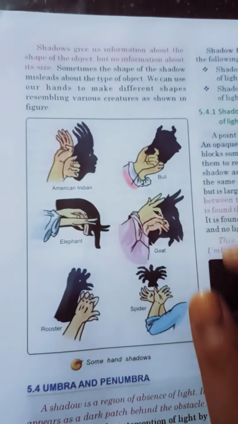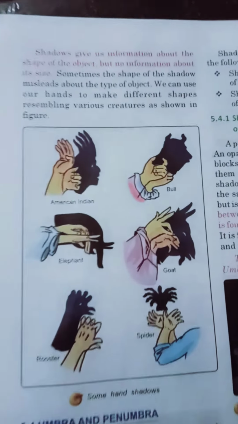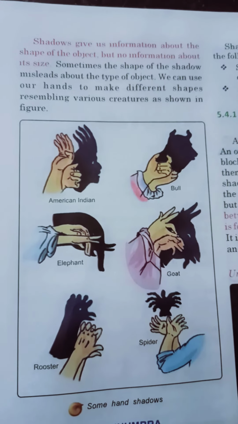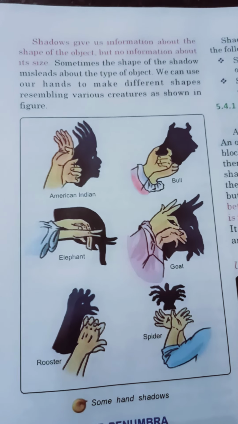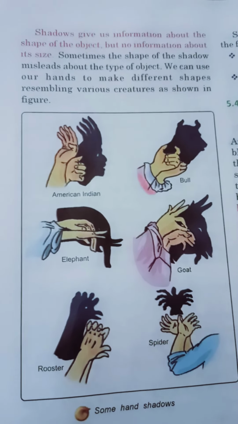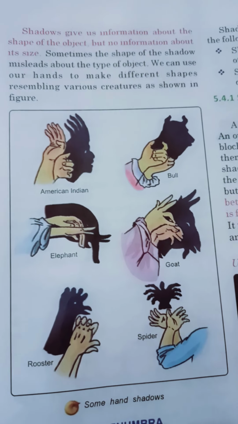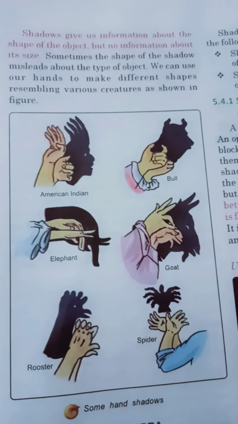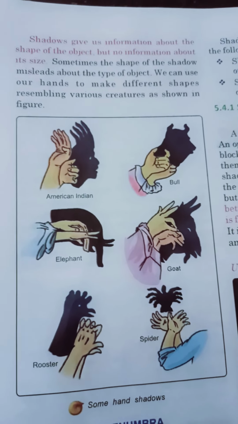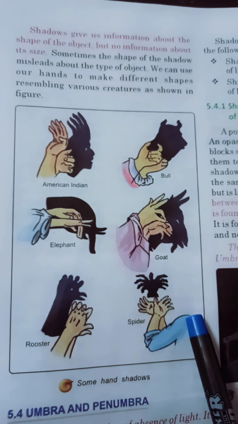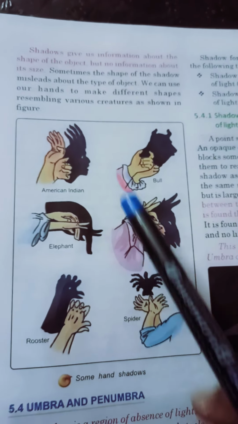Now the size of the object we cannot come to know using a shadow, because the size of the shadow can be small or large depending upon the situation and the condition of the light source. Okay, and sometimes we can see that just by using hands they have created so many types of shapes.